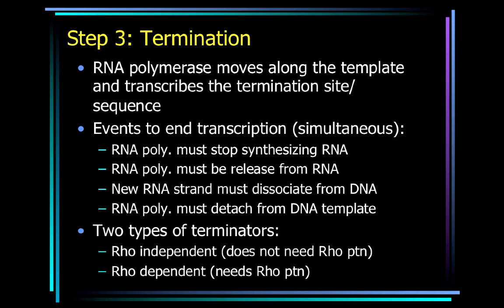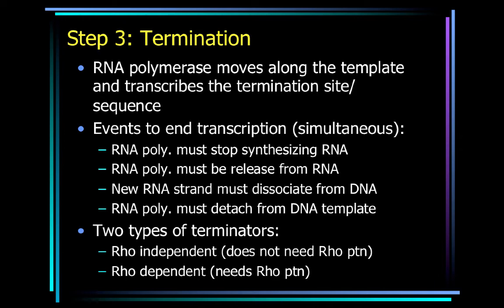So the third and final step is termination. Termination is where RNA polymerase is going to move along the template and transcribe the termination site. That termination site, if you remember back to one of the first figures we looked at, is going to be the red end of the coding region. And there are certain events that actually have to happen simultaneously to get transcription to end.